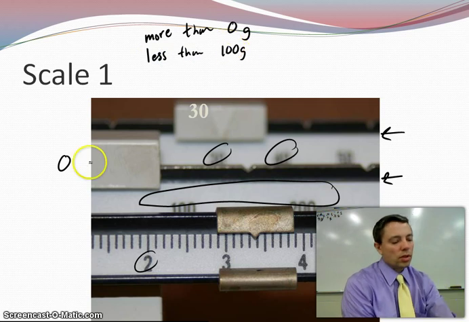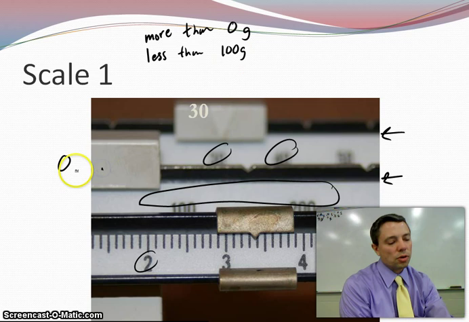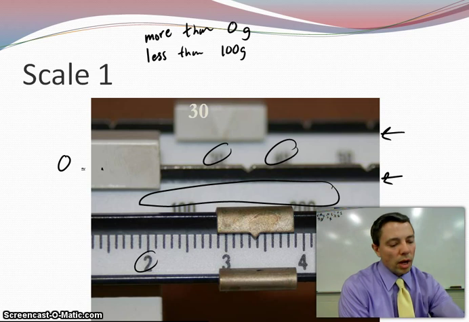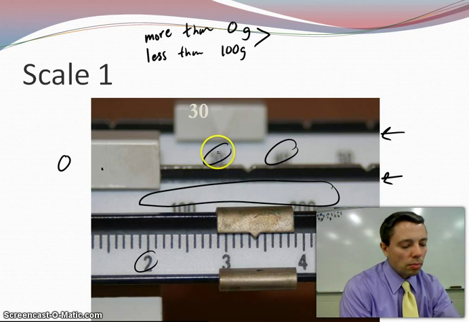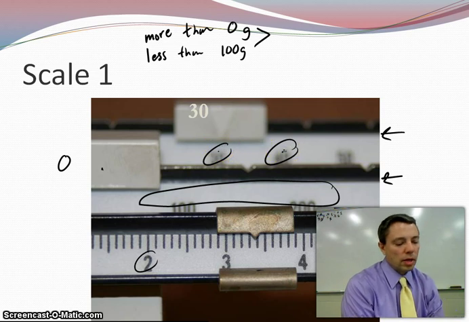So that's essentially what this slider tells me, is that I'm sitting on the 0 mark, and I know that I'm more than 0 grams because I have some mass on it, but I'm less than 100 grams. My precision goes up a step when I look at the back slider. The back slider now is actually on the 30 mark, not on the 40 mark.